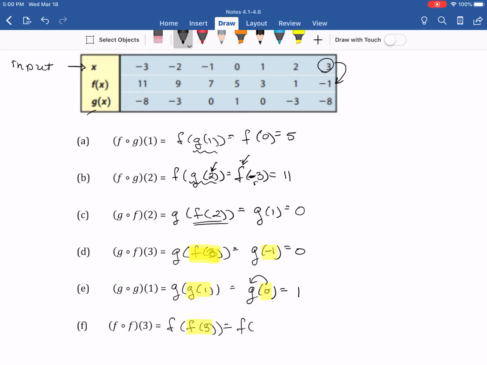And you get the answer -1. So f of 3 is equivalent to -1. All right, now that -1 is my new input. This again goes into function f. So -1 goes into function f, and that gives you the answer equal to 7.